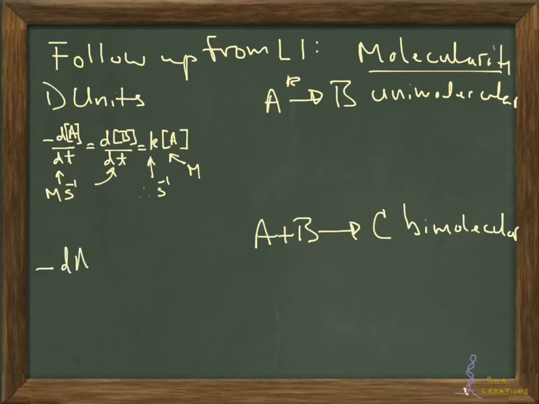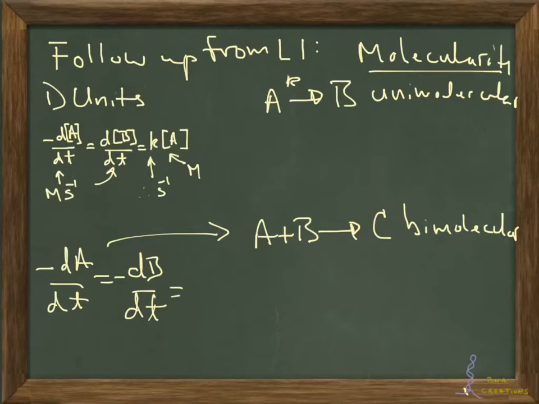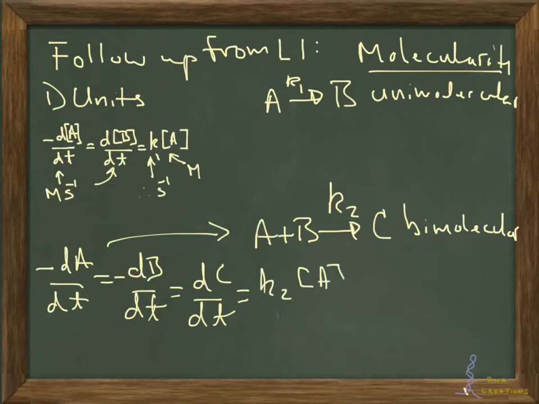It's just minus dA dt, the loss of that reactant here, or that's equal to the loss of B, and that's equal to the formation of C with time, and that, if this is K, let's call this, go back up here, K1, K2, then it's K2 times A times B. And what's the units on rate for a bimolecular reaction?